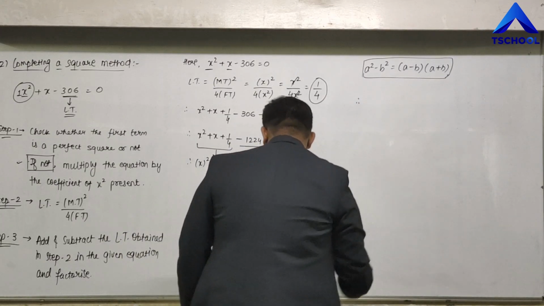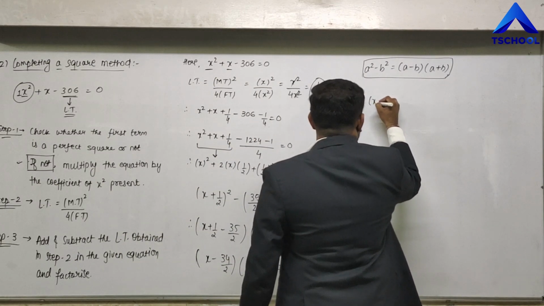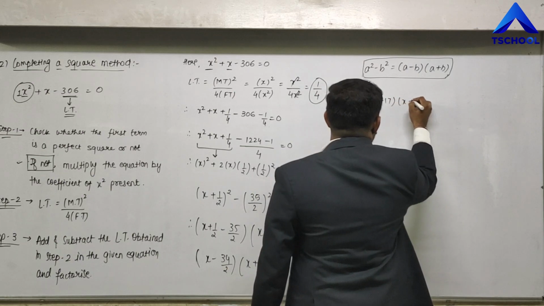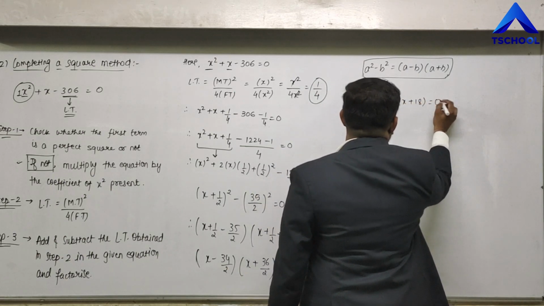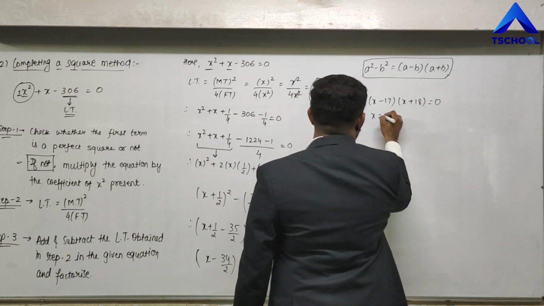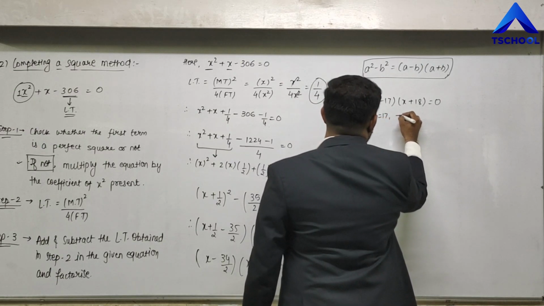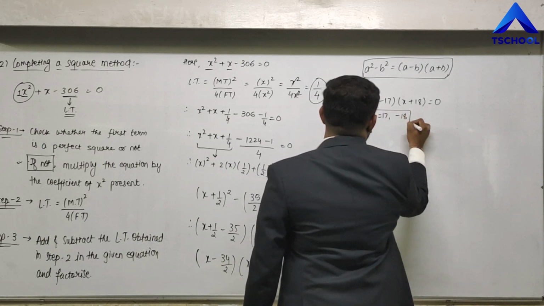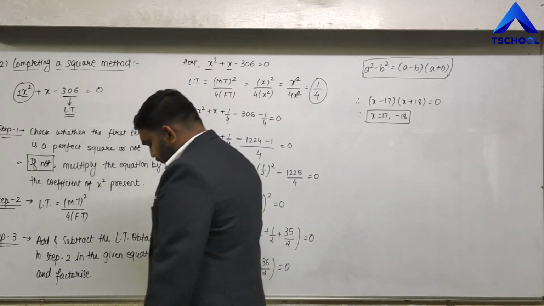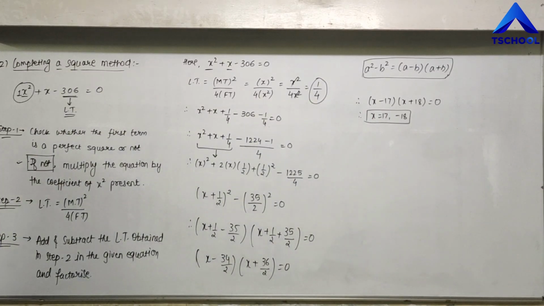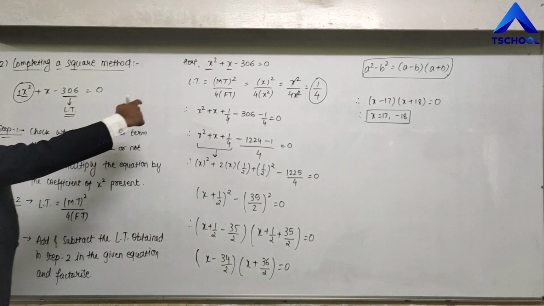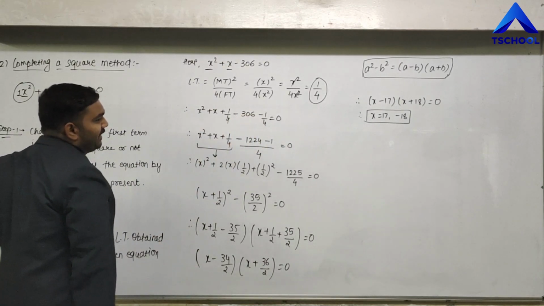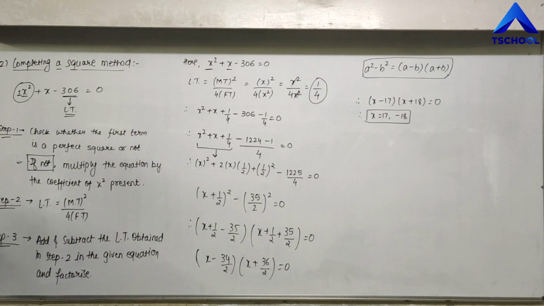I forgot to write here, that is x minus 17 into x plus 18 is equal to 0, and hence x is equals to 17 and minus 18. So the solution to the given equation is 17 and minus 18, or the roots of the given equation are 17 and minus 18.